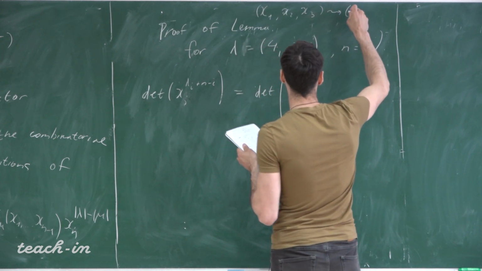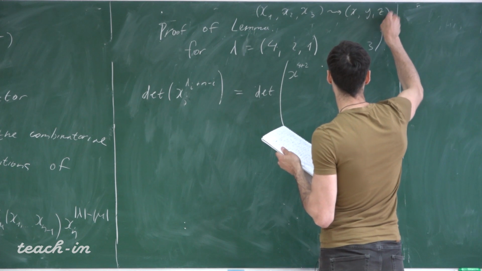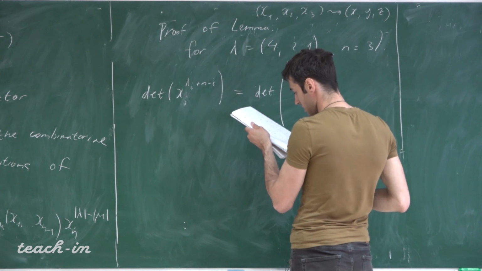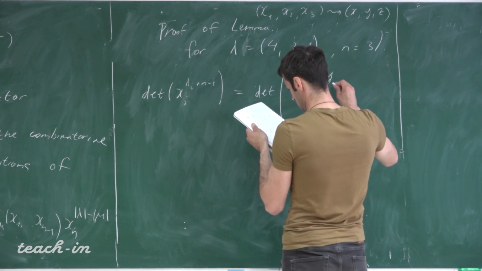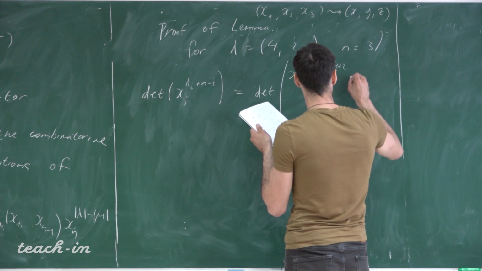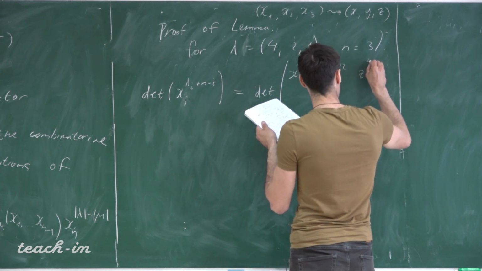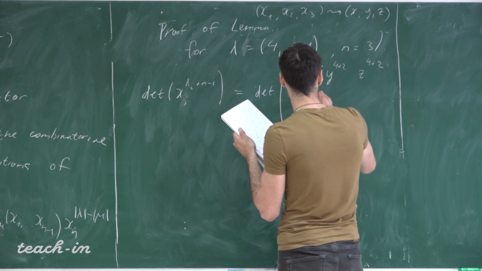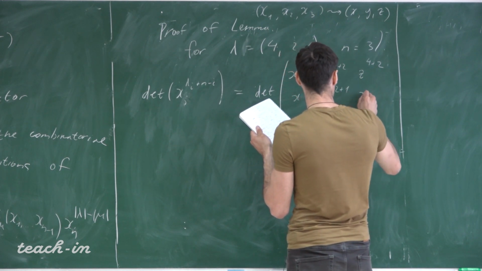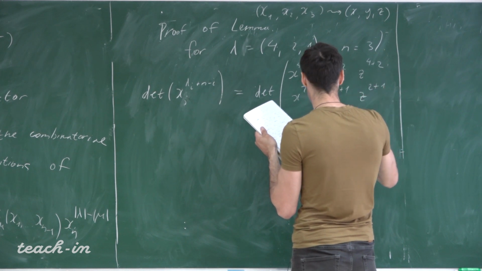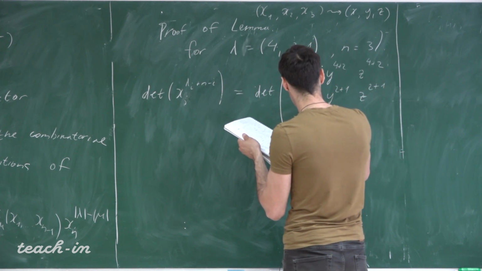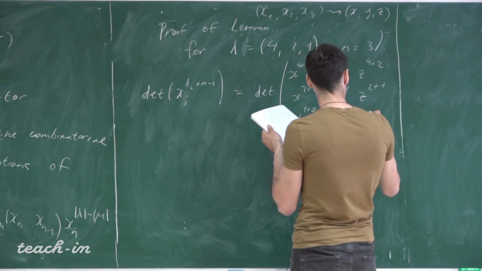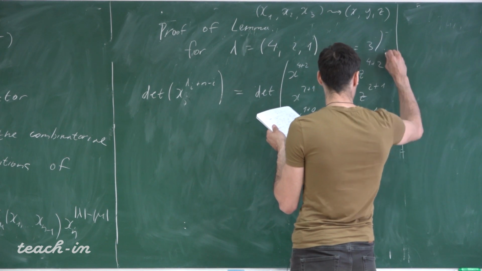Since there are three of them, we can take x, y, z. So x, y, z to the 4 plus 2. Then x, y, z to the 2 plus 1. And then x, y, z to the 1 plus 0.